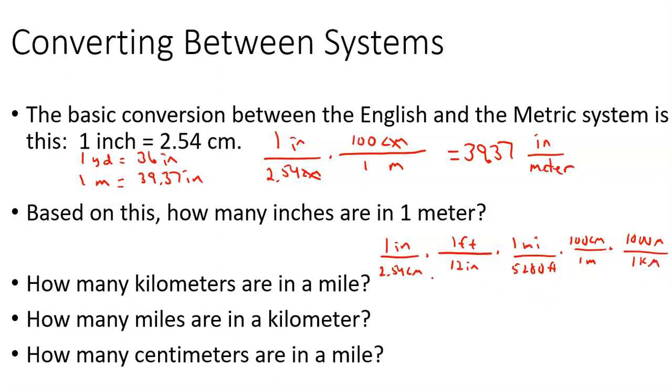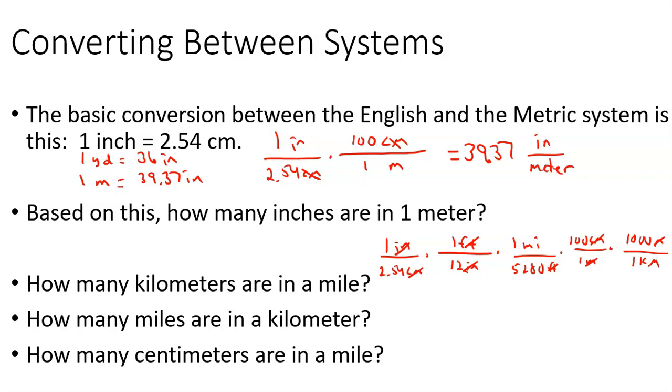Now, what mess have I created here? I can cross off centimeters and centimeters. I can cross off inches and inches. I can cross off feet and feet. And I can cross off meters and meters and meters. You notice that I'm left with miles on the top and kilometers on the bottom. So let's multiply this out and see what we get.